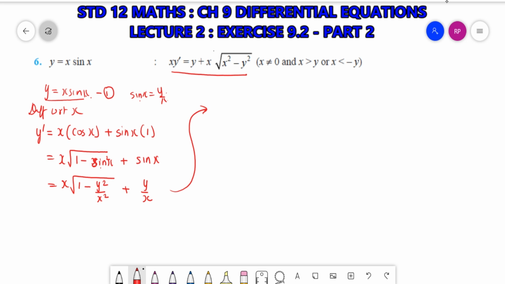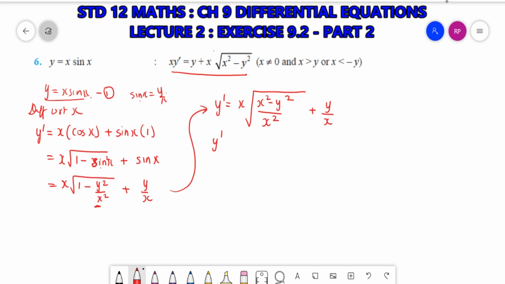so y dash will be equal to x into square root of, I will take here LCM, so x square minus y square upon x square plus y by x.